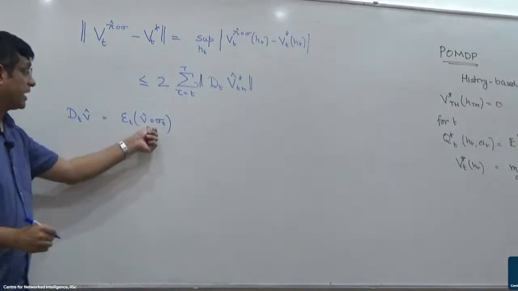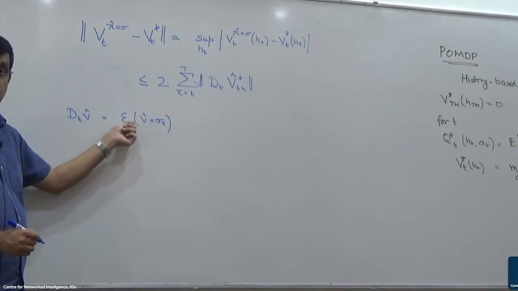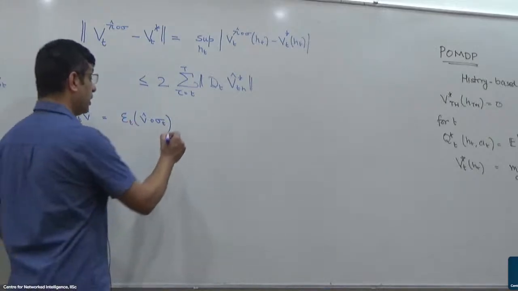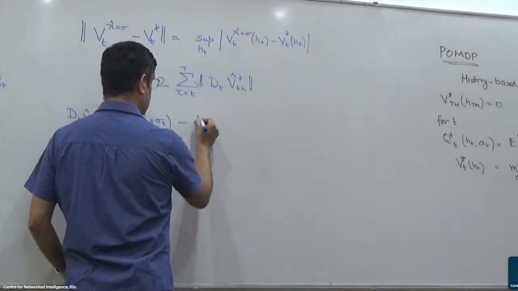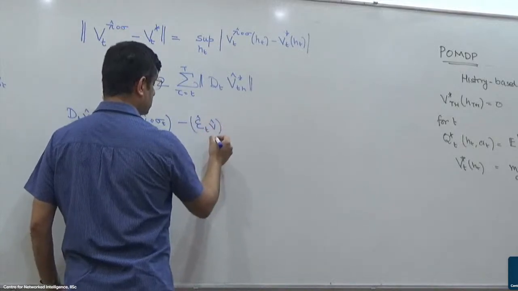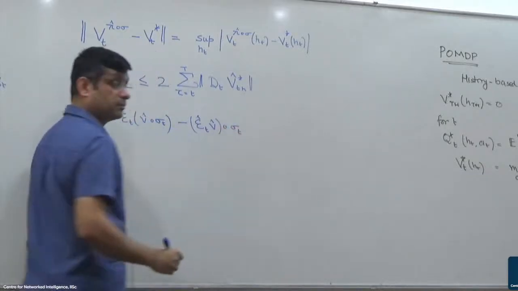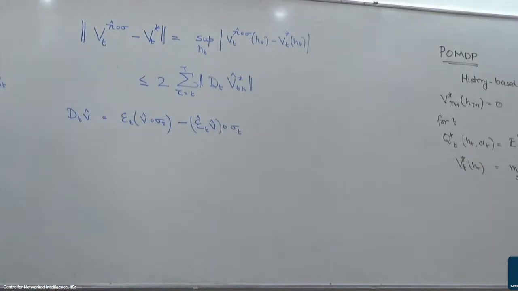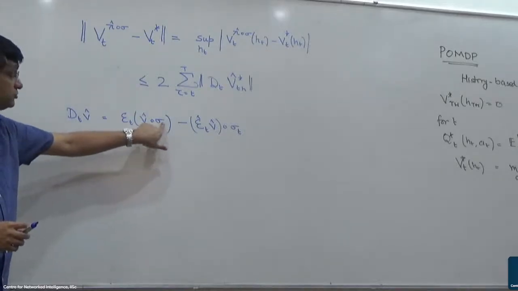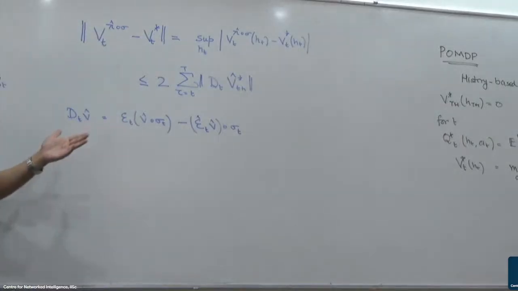V hat composed with sigma t gives me a history based value function, and I can do the one step evaluation here, minus E hat t applied at V hat. This gives me something which has Z A as an argument, and I compose this with sigma t. So, the change from last time is these compositions are time dependent, right, and that is it.